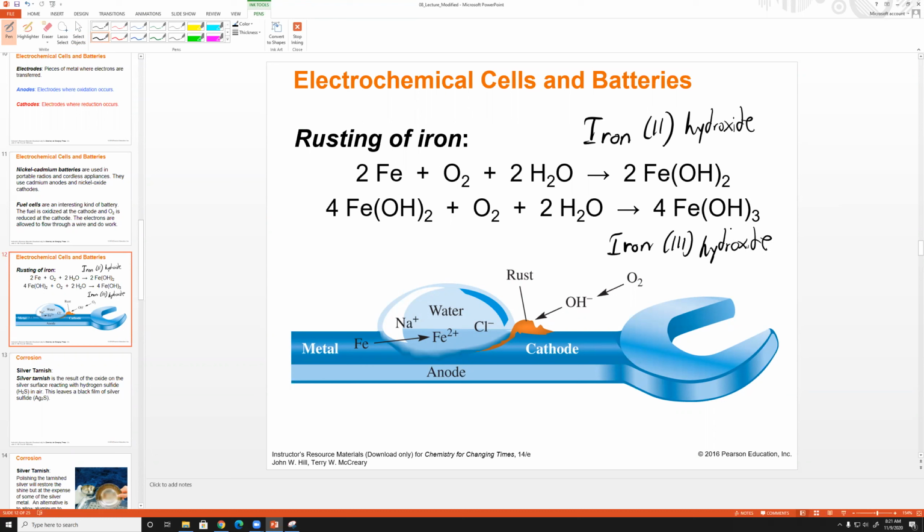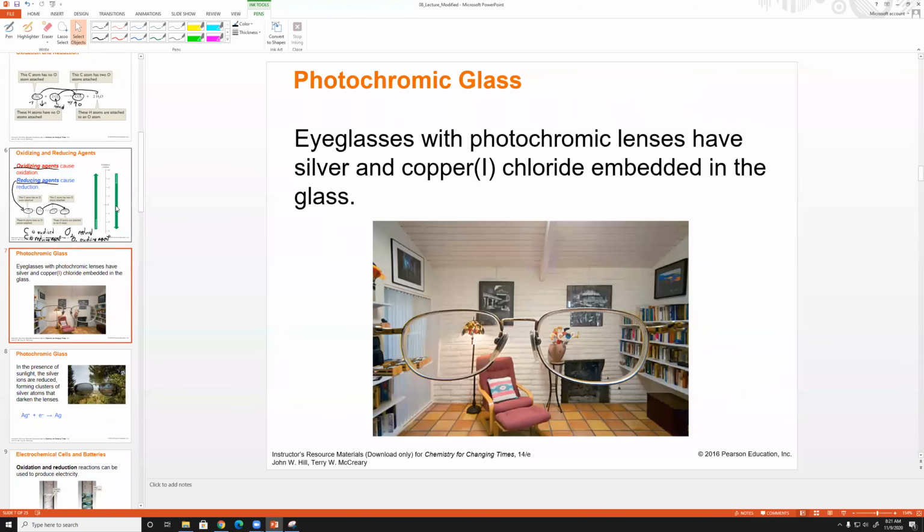And no, there is no iron(IV) hydroxide. Okay, so that's an example with rusting. So let's go back and go over some more real world examples. If you ever heard of photochromatic lenses, there's an oxidation reduction reaction occurring in them too.